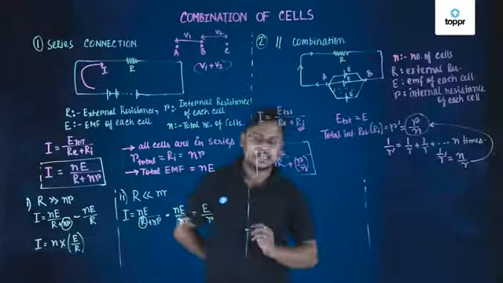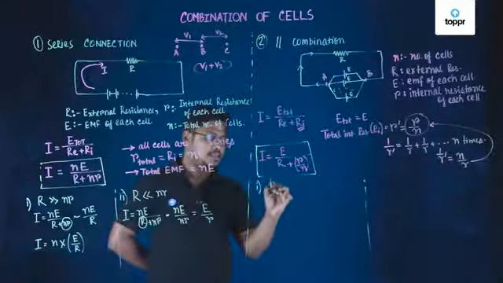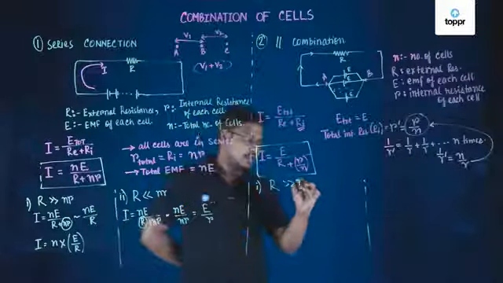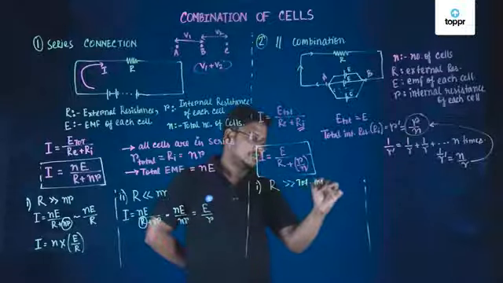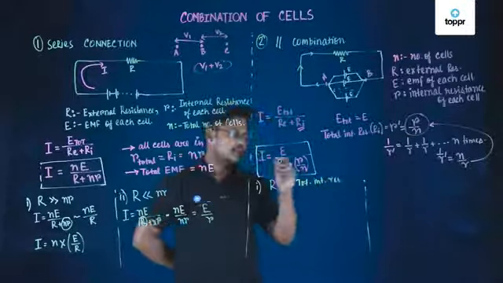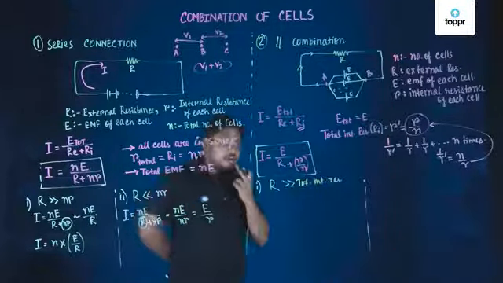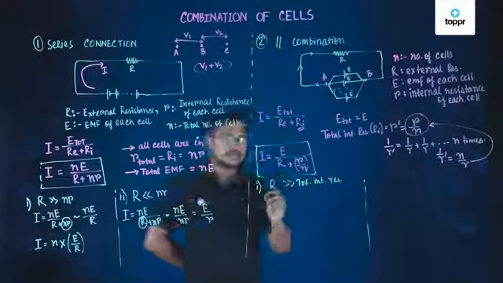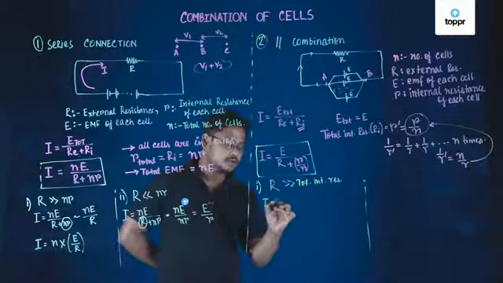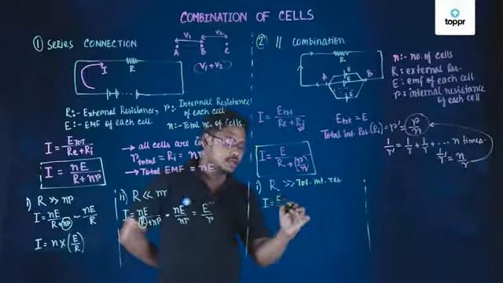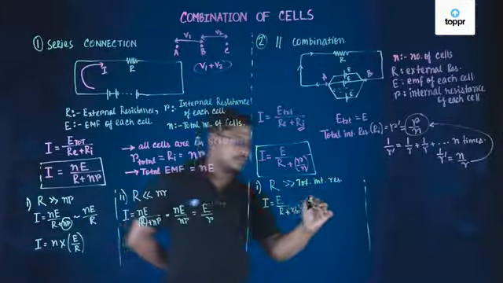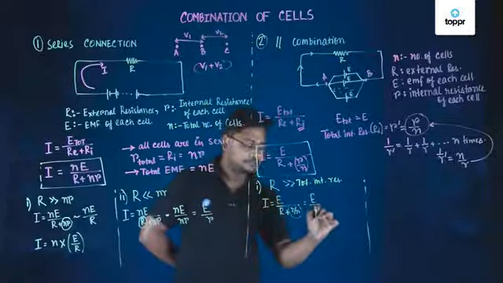Now again look at the limiting cases. The first limiting case is if R is much greater than the total internal resistance, or you can just say r. So if R is much greater than small r, we can ignore this term. Starting from I equals E divided by R plus r by n, we neglect this term and are left with E divided by R only.